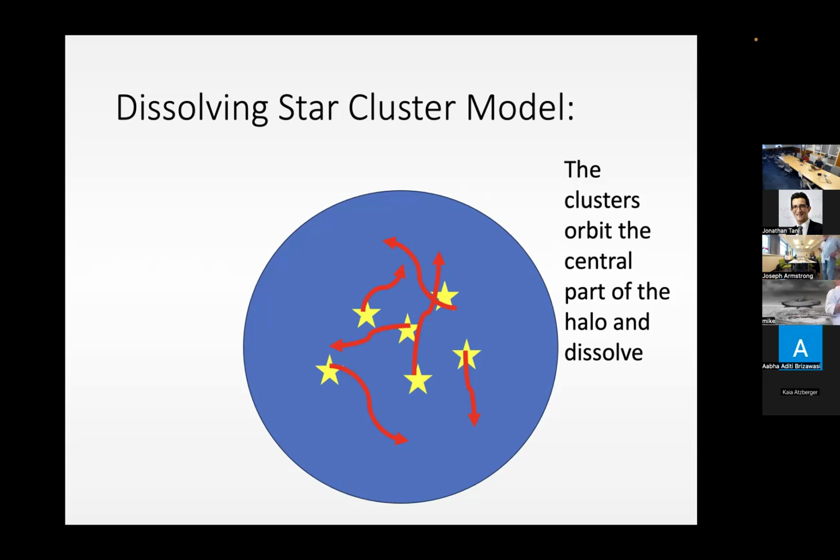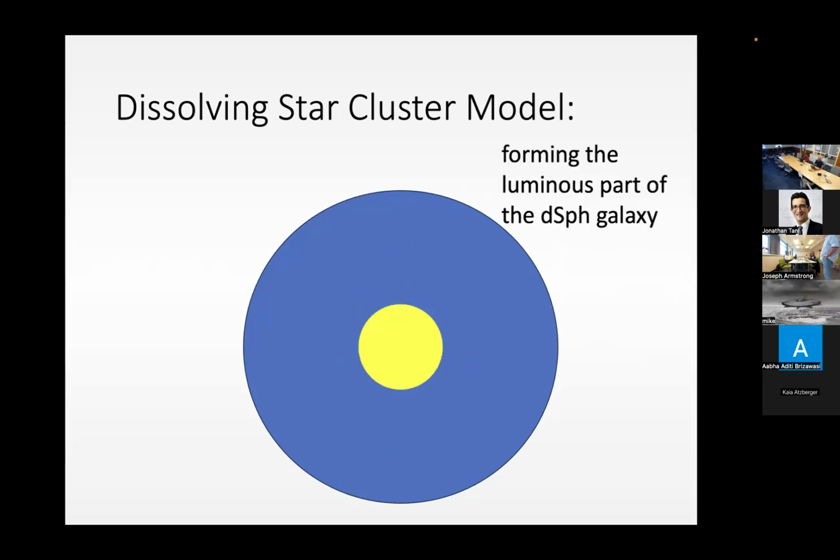And if you take all of them together, you get some kind of a blob, a low density blob of stars in the central part of the dark matter halo. And that's how we propose those dwarf spheroidals form. Okay. Good.